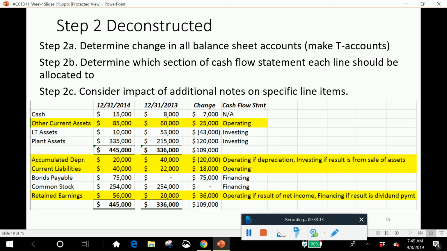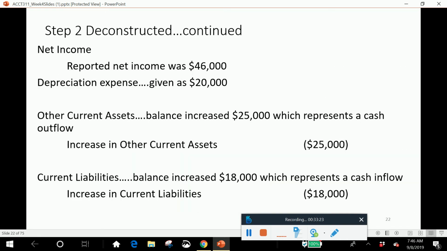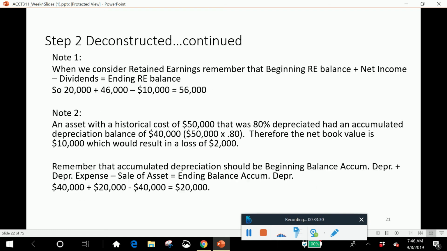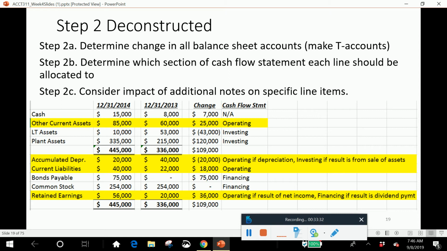The offset to that would be cash. So if our other current asset account went up, that must mean we had more cash outflows. So, increase in other current assets, cash outflows of $25,000. Current liabilities went up by $18,000.